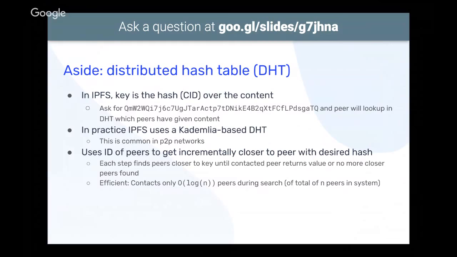And each step finds peers closer to the key until the contacted peer returns the value that we're looking for, or we can't get any closer to it. You can think of this sort of like a reasonably efficient, log n search. All right, so we search through log n peers during our search of a total of n peers in the system. Those are pretty standard in terms of efficiency search algorithm.